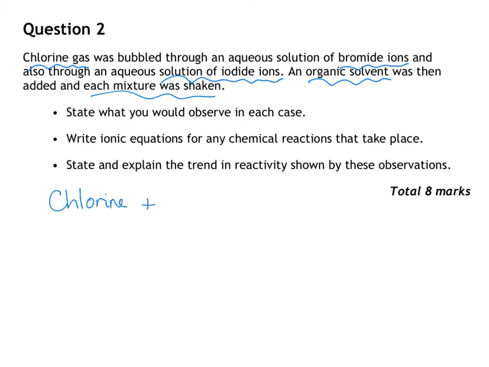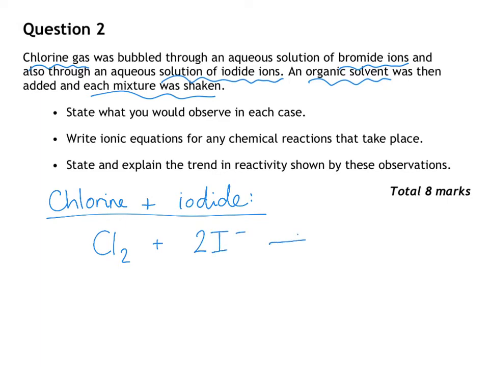Okay, so let's now do the same thing for chlorine and iodide. So chlorine plus iodide, almost identical ionic equation. Incidentally, it's not asked for state symbols. It would be relatively easy to do state symbols for this. Everything would be aqueous except the initial chlorine gas. But because iodine's not very soluble, we'd probably just not bother with the state symbols.